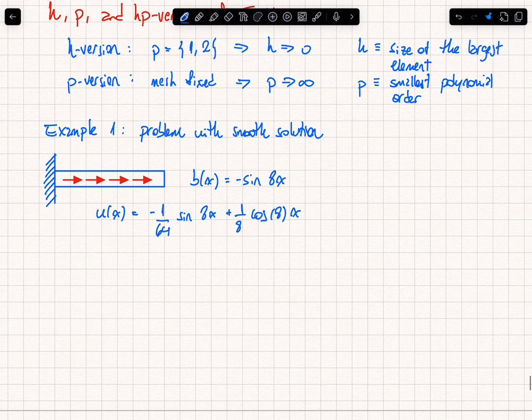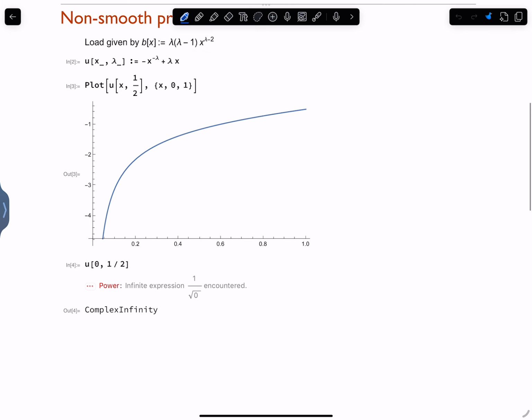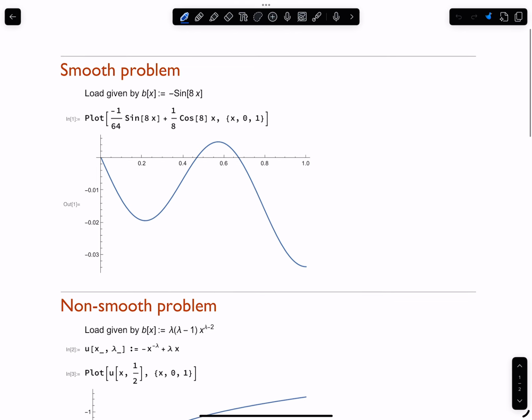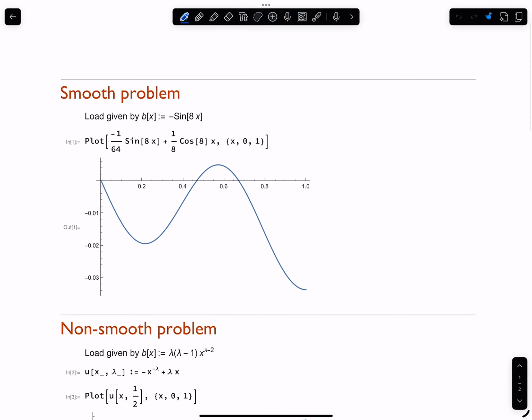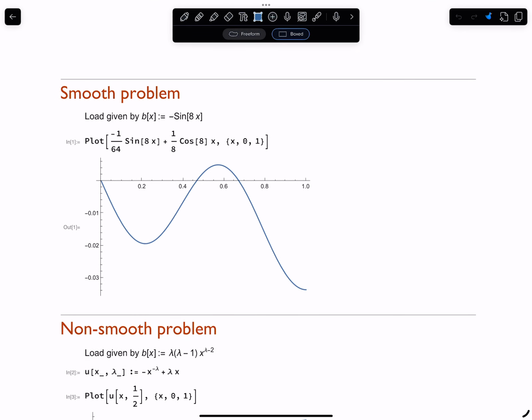Okay, well, I have these problems in Mathematica just to plot how they look. And so this is basically one of them. This is the way the solution looks like.